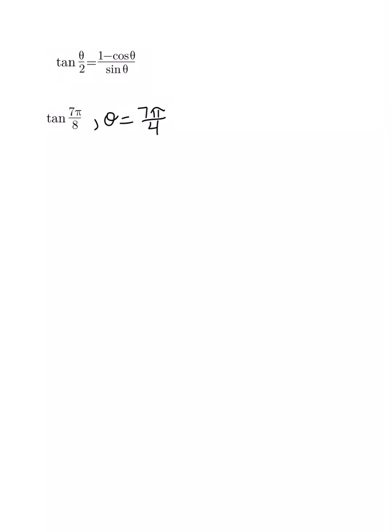So using this version of the formula, we will be finding that the tangent of 7 pi over 8 equals 1 minus the cosine of 7 pi over 4 over the sine of 7 pi over 4.